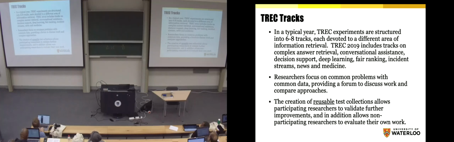Decision support, deep learning. So these are all the things people get together on every year. They try to work on a common set of problems in these areas and get together in November in beautiful Gaithersburg, Maryland in the United States. But this happens in Japan and India as well. And work on common problems and create tools that we can use for later experimentation.